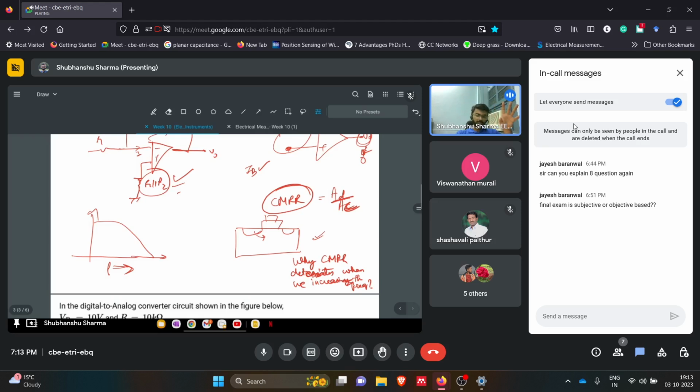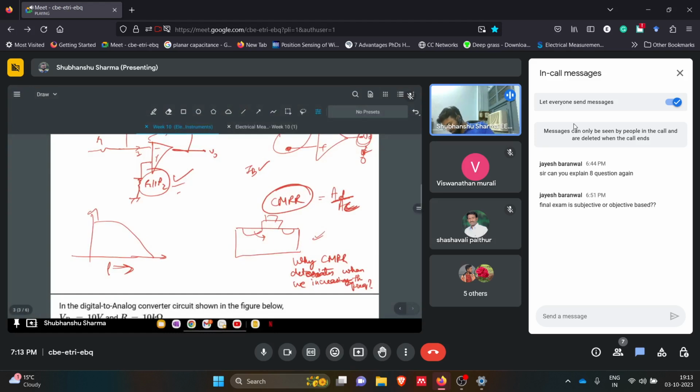Then wattmeter, where I went into the three-phase system and some derivation, but you should only focus on what he told, so that is good for exams.